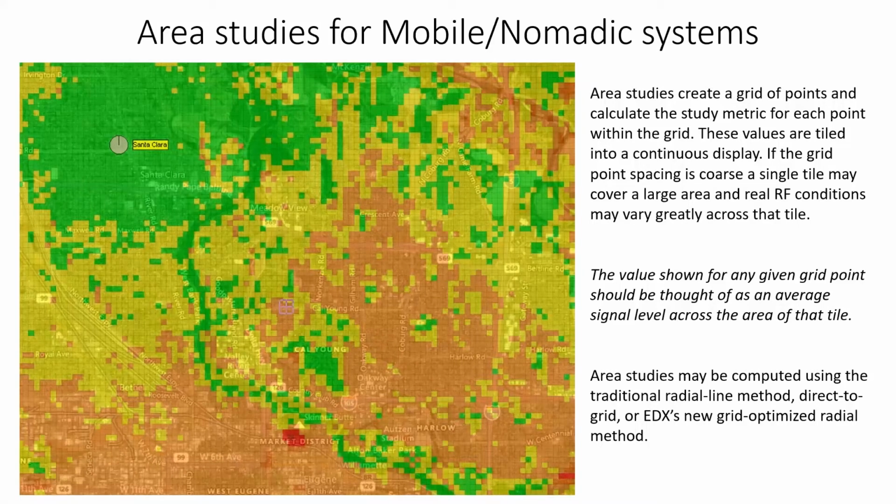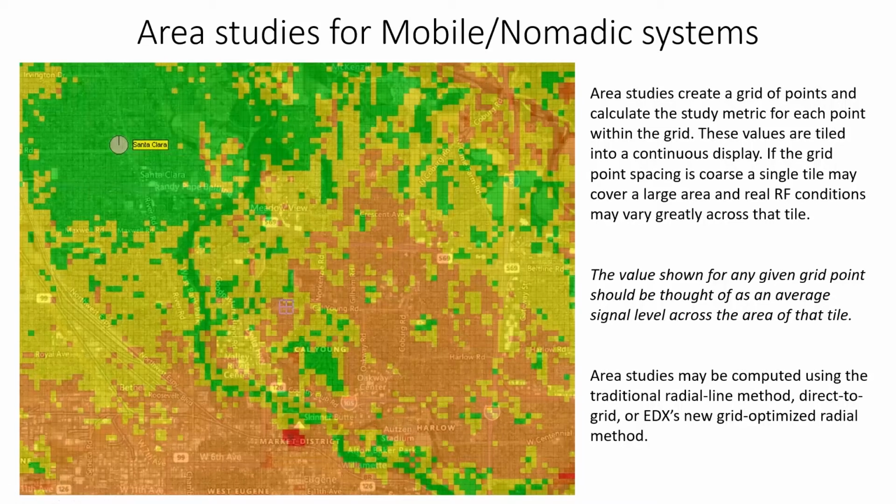The other option was direct to grid, where we did the exact path, so the geometric path from the base station to the exact center of every grid point gets extracted and calculated instead, which means that instead of 360 radials around the site, we have to extract as many different unique paths as there are grid points within the study grid.